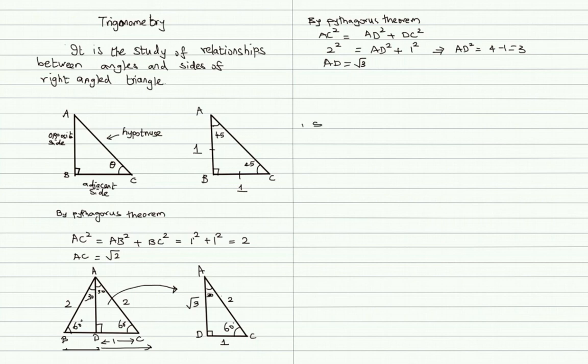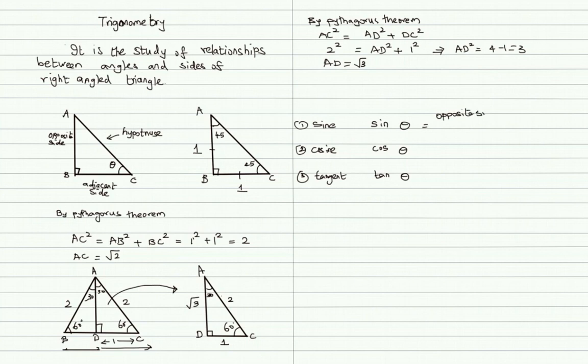In trigonometry, we have 3 basic ratios. First one is sine, and we shortly abbreviate it as sin. Second one is cosine, and we shortly abbreviate it as cos. And the third ratio is tangent, and we shortly abbreviate it as tan. We always consider one angle, and let's assume that angle to be theta in trigonometry.